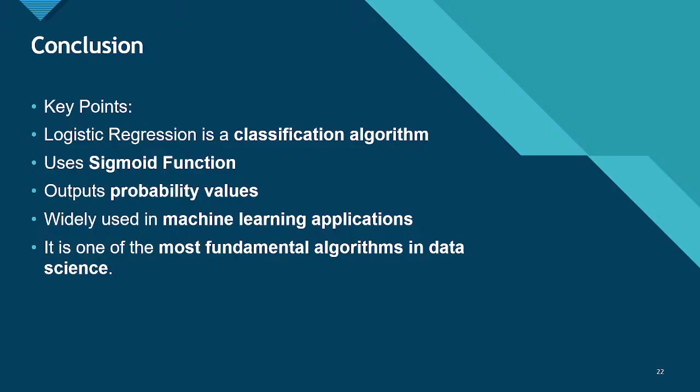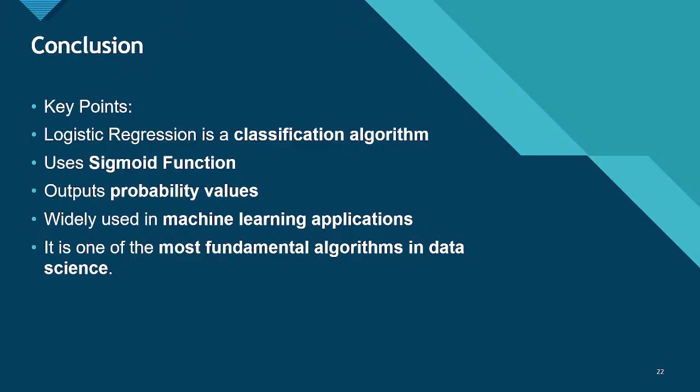This transforms the output into a probability between 0 and 1. It outputs probability values instead of predicting the class directly, predicting the probability of belonging to a class. Based on a threshold, commonly 0.5, the probability is converted into final class labels.